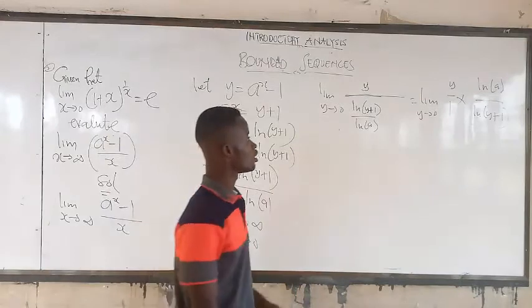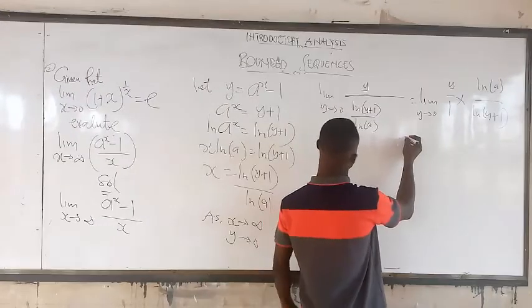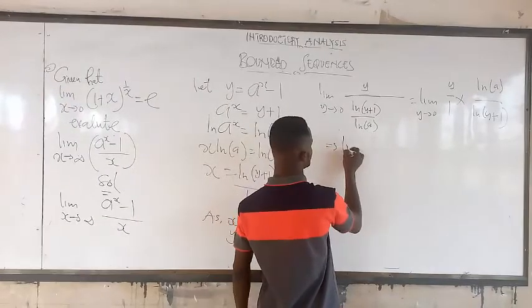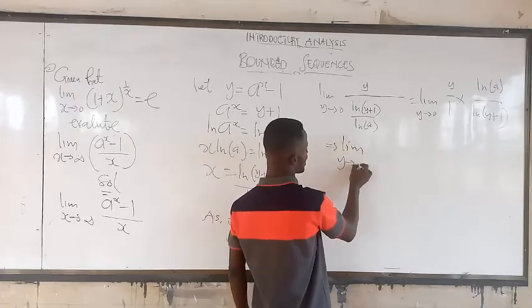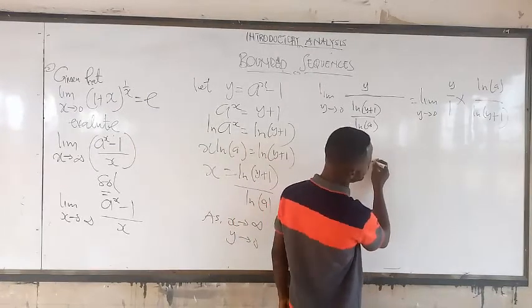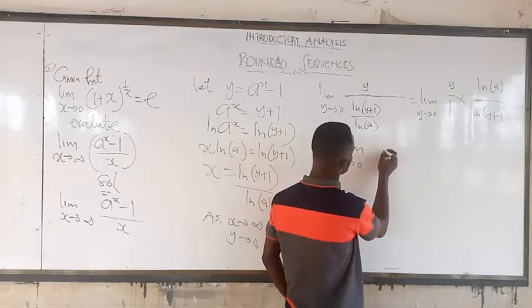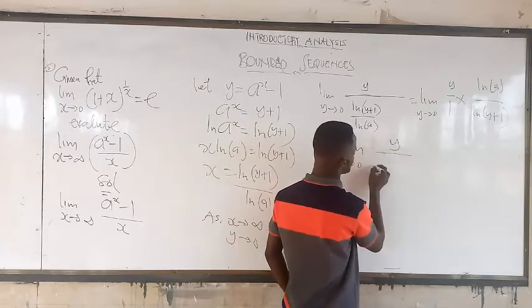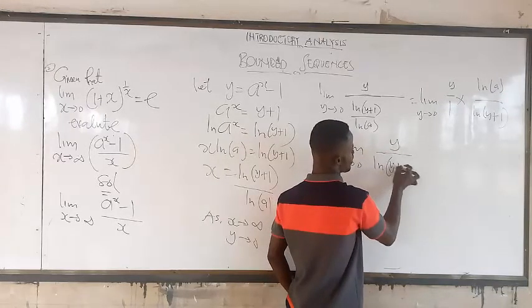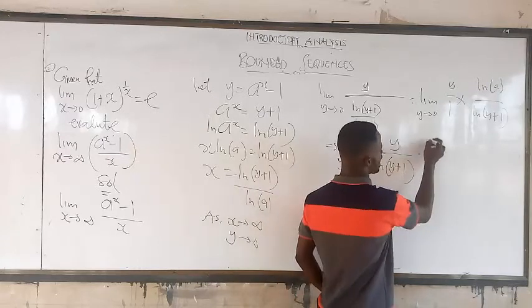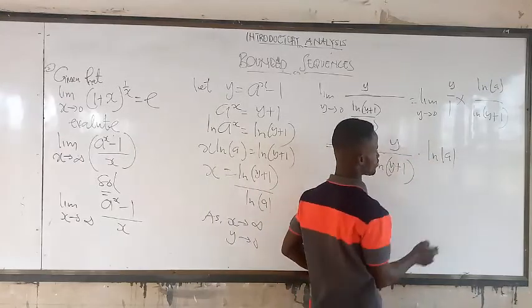So here we are going to get the limit as y approaches 0 of y over ln (y plus 1) times ln a.